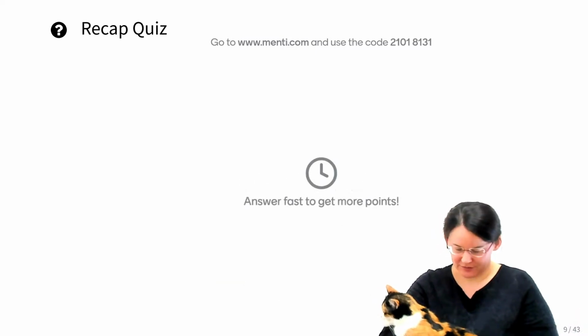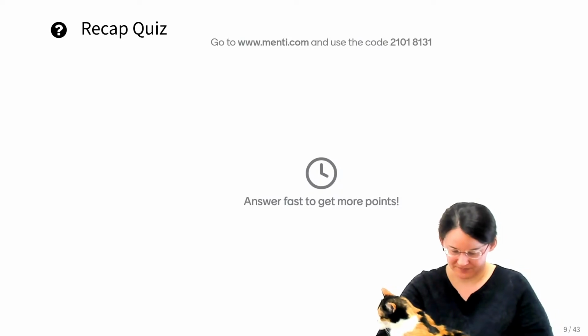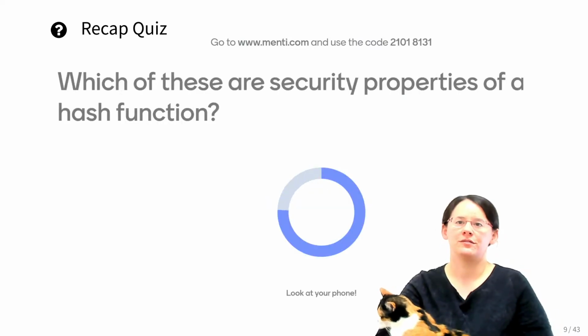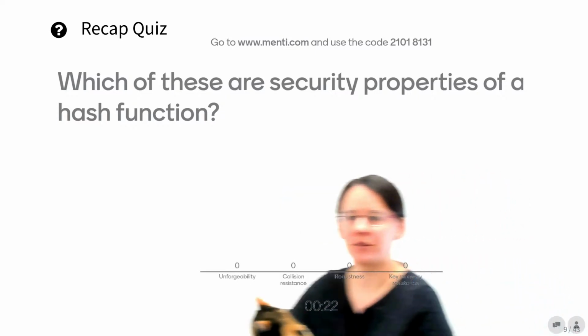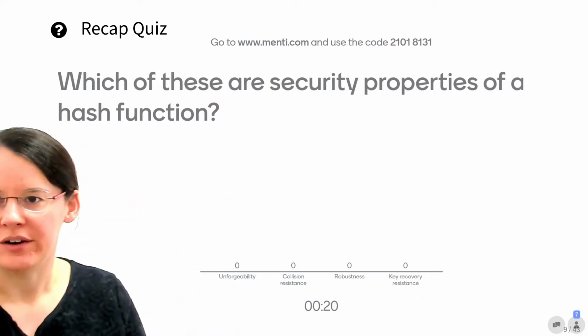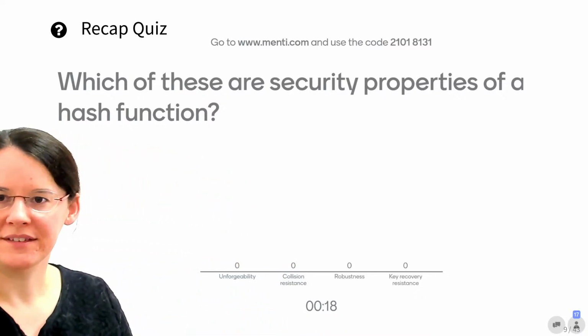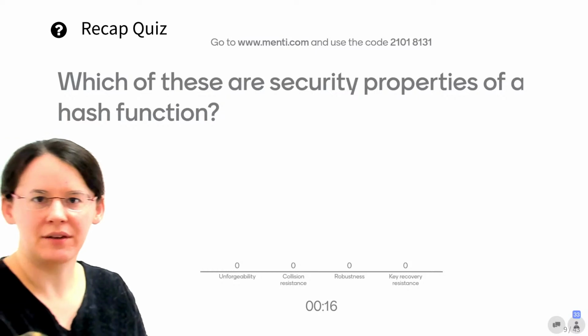Okay, next question. Which of these are security properties of a hash function? Is it unforgeability, or collision resistance, or robustness, or key recovery resistance?